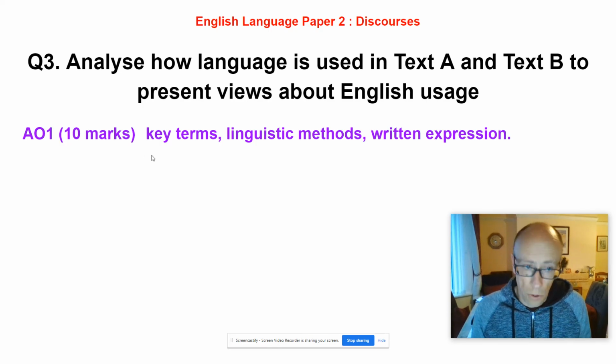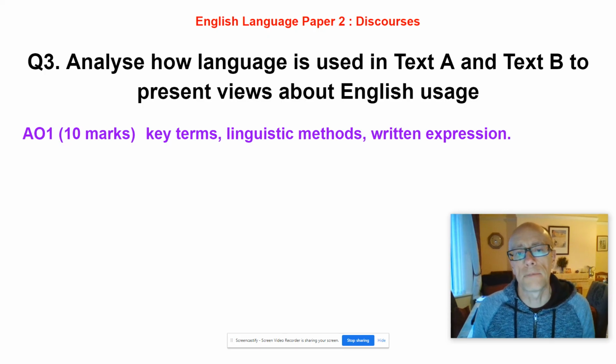So AO1 is your key terms, linguistic methods, and written expression. So all that stuff that we've just done about your key terms, that's all going to be assessed there in that assessment objective. Linguistic methods means applying the kind of language analytical tools that you've been learning on the course. So, for example, if you're constructing a paragraph that's entirely about grammatical features in the articles, understanding what is meant by grammatical features.